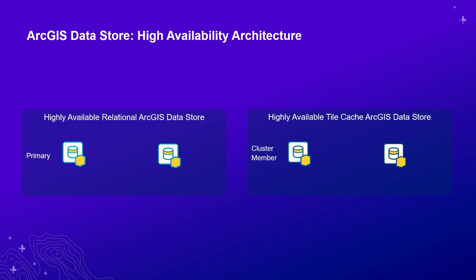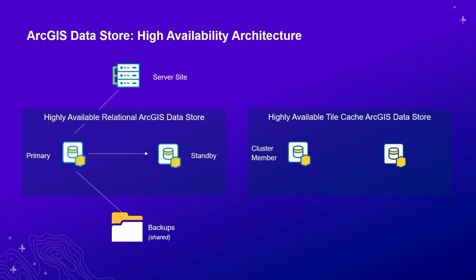Prior to this, everything operated in primary standby, but on the left-hand side, you have a highly available relational ArcGIS Data Store. So in this case, you have primary replicating content to standby. The server site knows which one is primary, which one is standby. If the primary was going to go down, then the server site will know to talk to the standby. Standby is going to be promoted to primary, and it's going to know to talk to that machine.